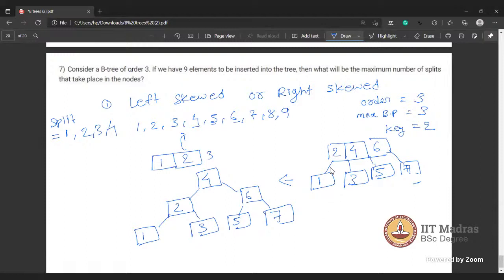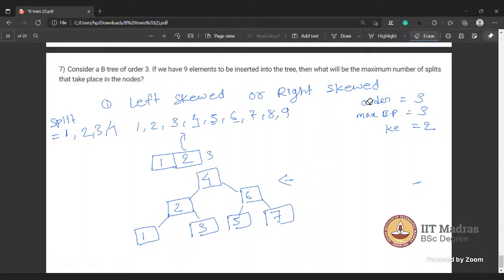Okay, so let's insert 8. When we insert 8, it will go in this position.